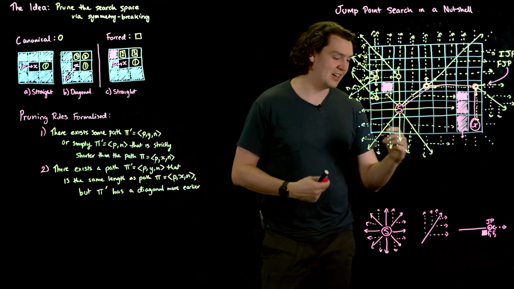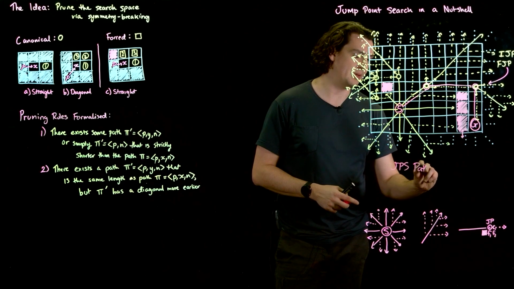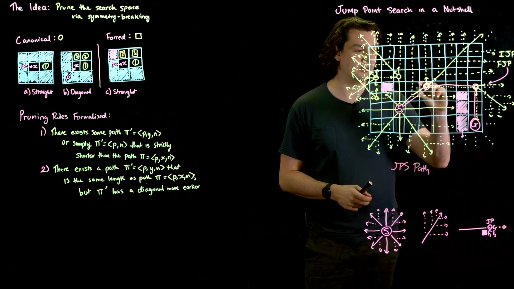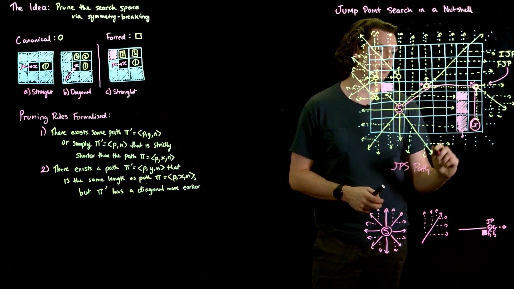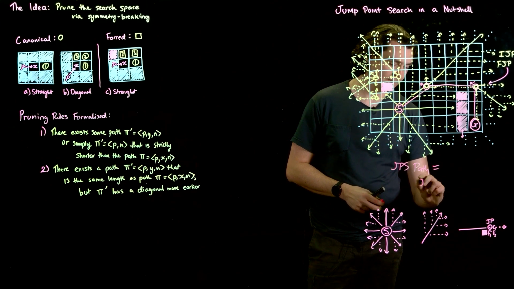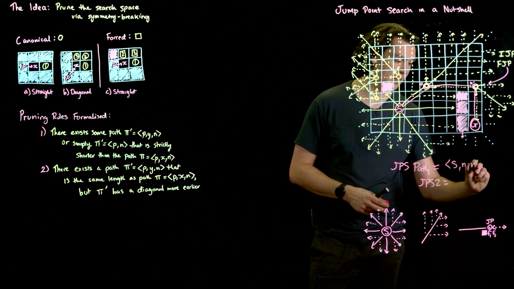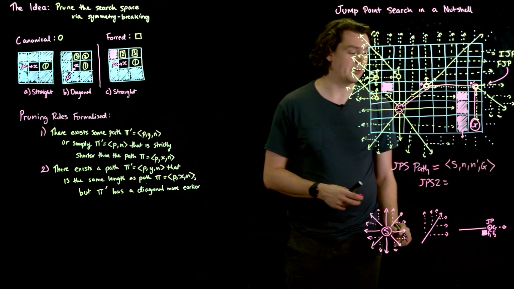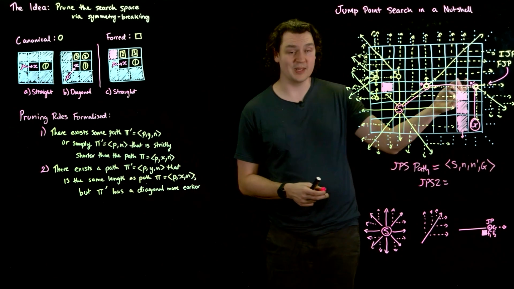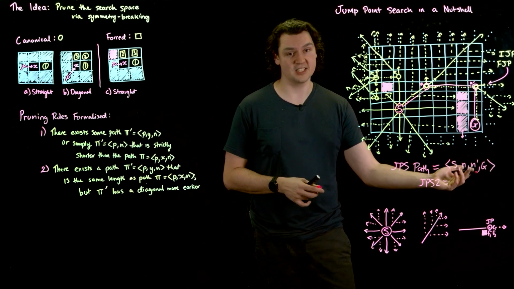So JPS, if you think about the JPS path here, I'm going to call this node N. I'm going to call this node N prime. So in JPS 1, the path becomes S, N, N prime, G. So there were only 4 nodes we had to expand in this entire problem, 2 of which were just the start and the goal.